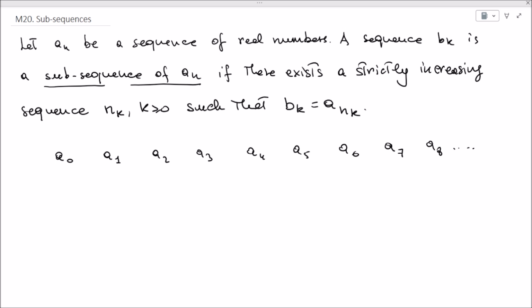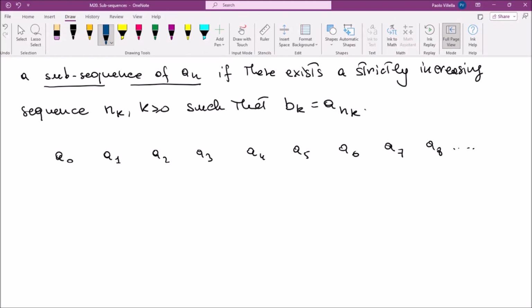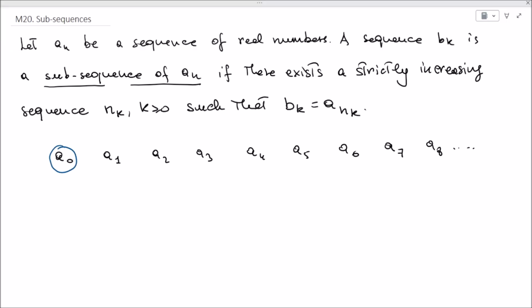So this is the original sequence a_n. And now we cherry pick some elements of this sequence. For example, we pick a0, then we pick a2, a3, and then a5, and then a7. Okay, so we are basically picking elements, but we are picking these elements in a specific way, always jumping forward.